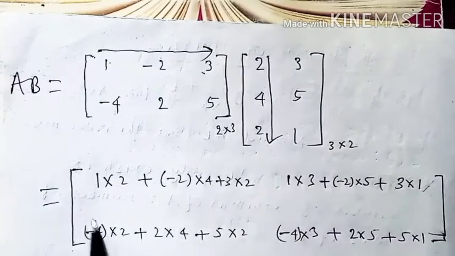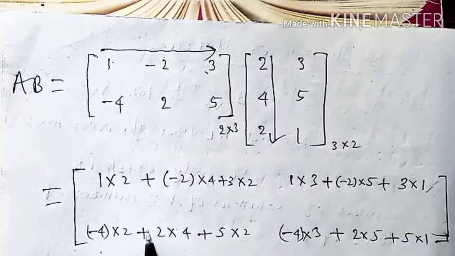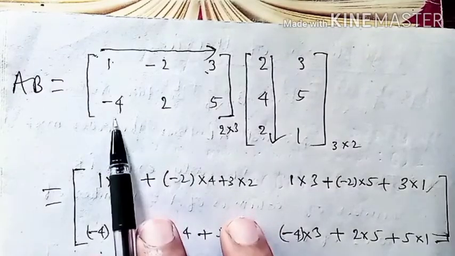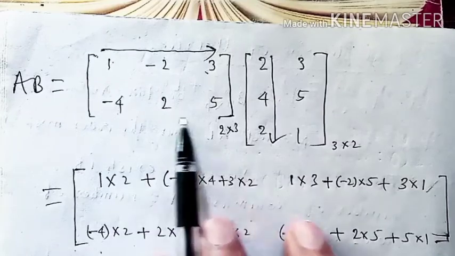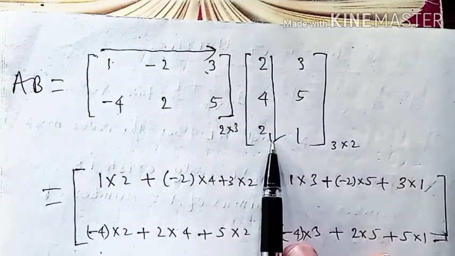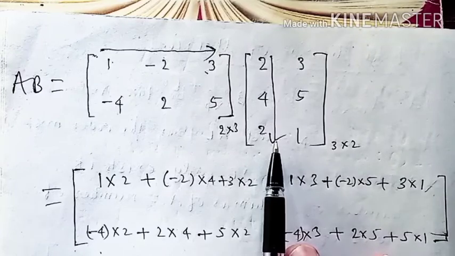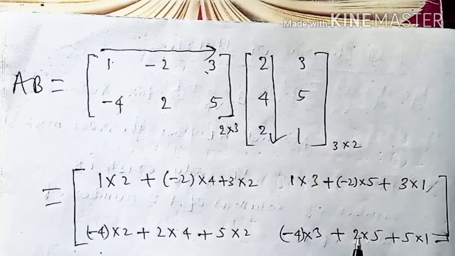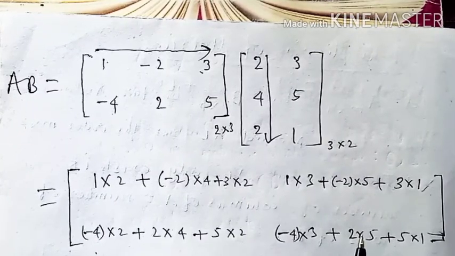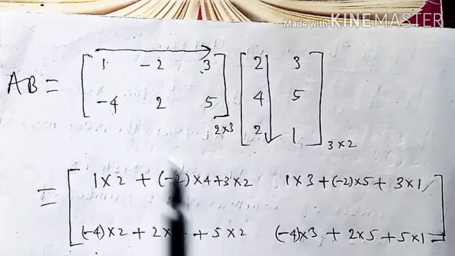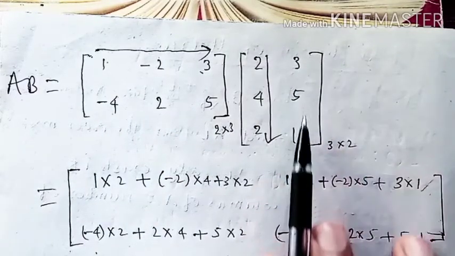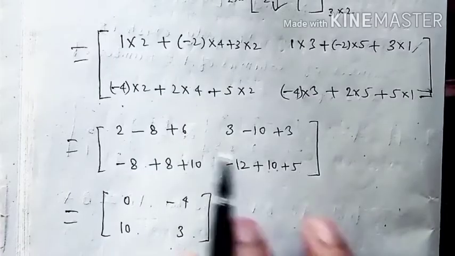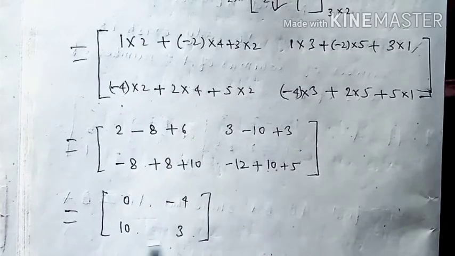To write a21, we multiply the second row of the first matrix with the first column of the second matrix and add them. To write a22, we multiply the second row of the first matrix with the second column of the second matrix and add them. After simplification we have this AB.